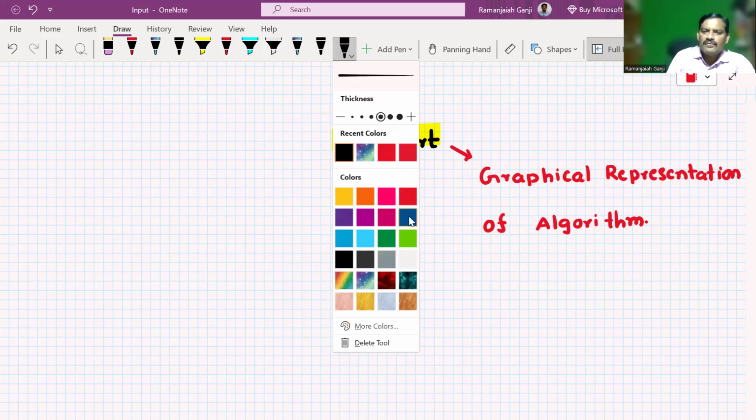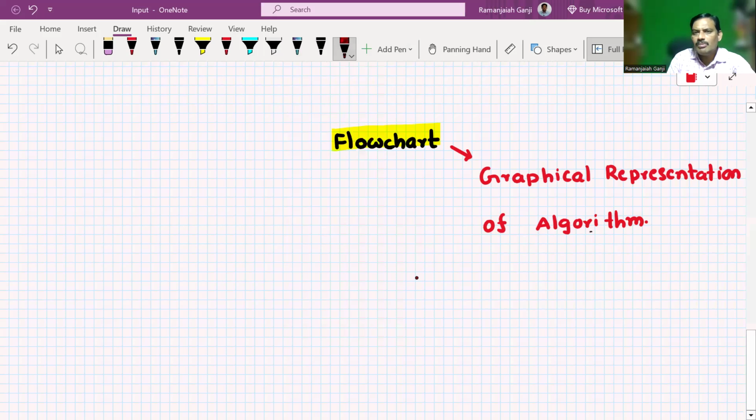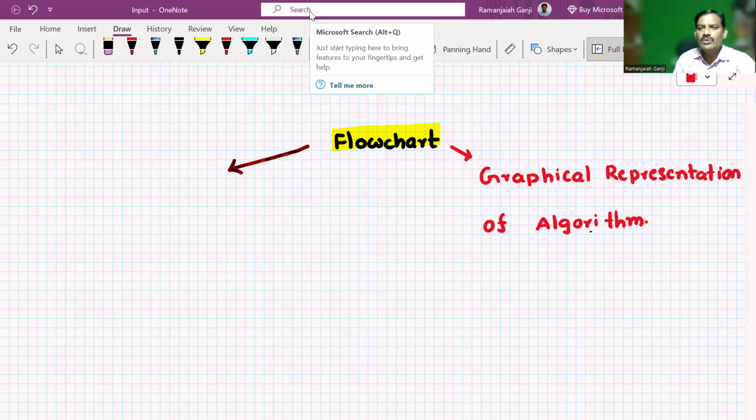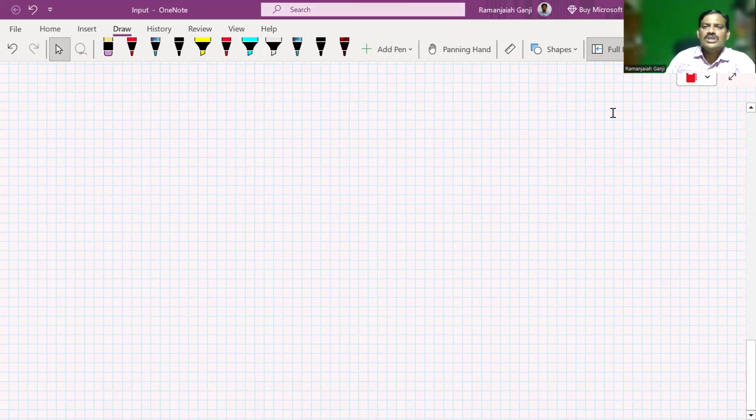So, if you are going to represent your algorithm in the form of a picture or a graph, it is said to be a flowchart. Flowchart uses several symbols. You have to remember these symbols properly, then only you are able to write flowcharts properly. Flowchart uses various categories of symbols.